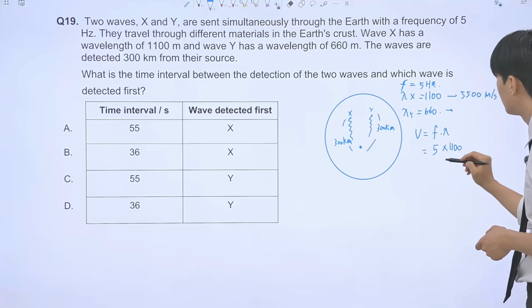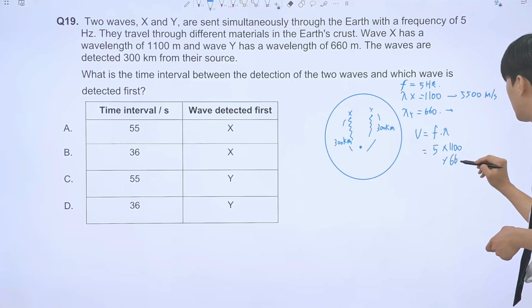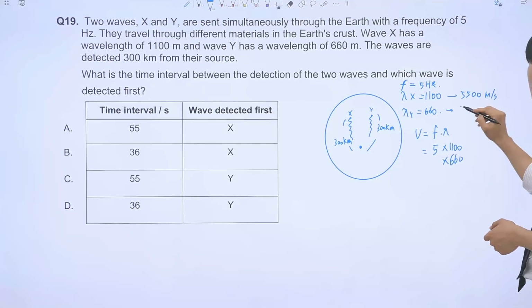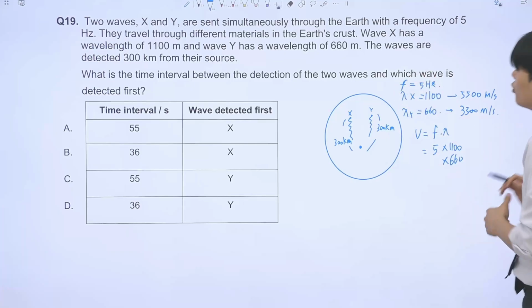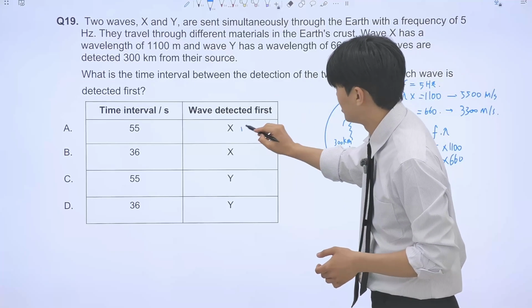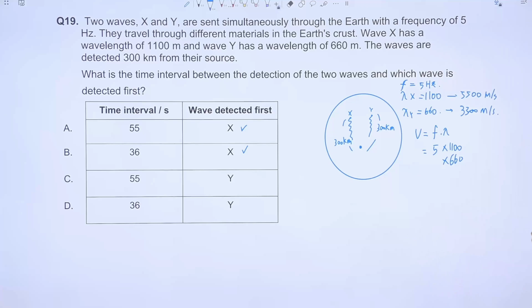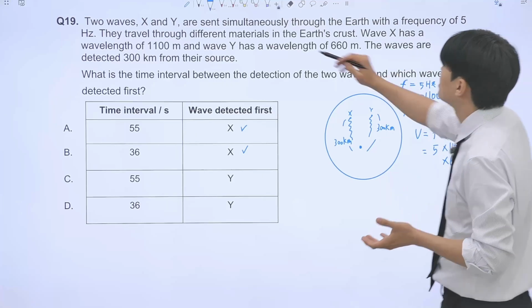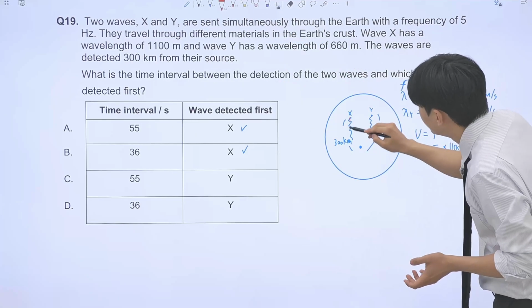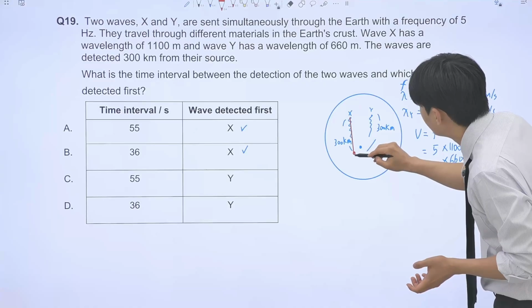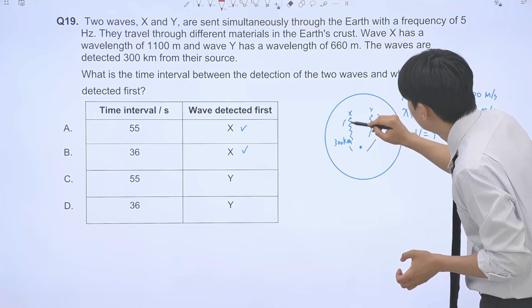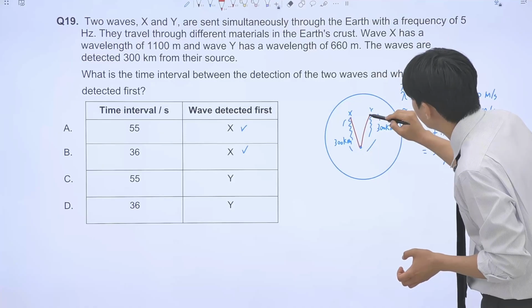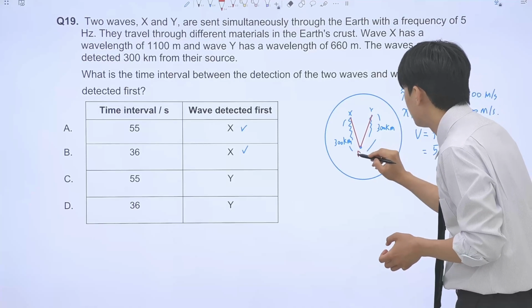For Y we have 660, which means 3,300 meters per second. So which one is faster? X is faster. So X must be detected first. The next thing is, they have to travel the same distance from here to here, let's say this is the detection point.